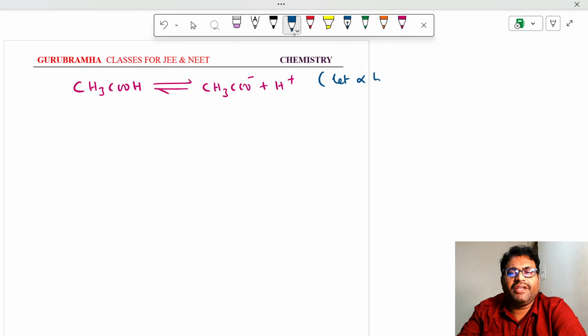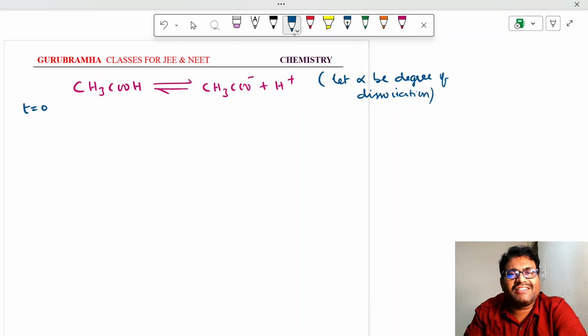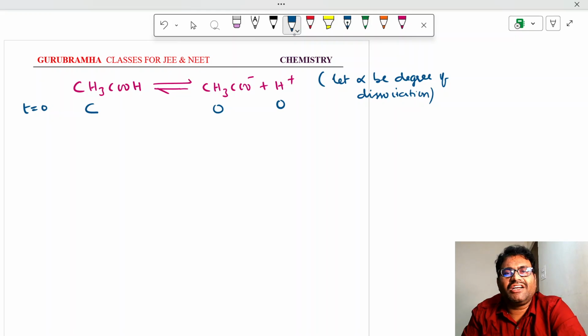Let alpha be degree of dissociation. Initially, when the reaction is not yet started, the concentration of acetic acid is C. The concentration of acetate ion and H plus ion is 0 because it is not yet dissolved, not yet ionized.